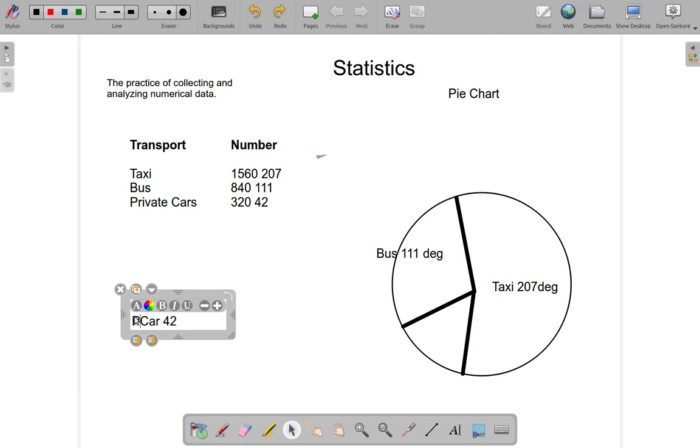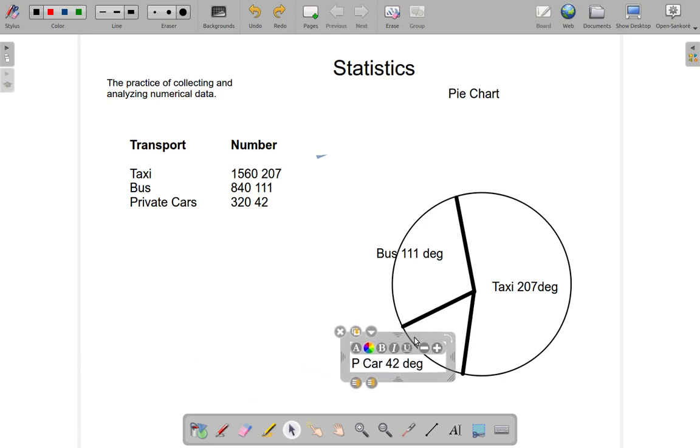Or I could put P cars. Private cars, 42 degrees. So this section is for the private cars. I didn't have all of the space here to put the entire words, but this private car is 42 degrees. So that is our so-called pie chart.